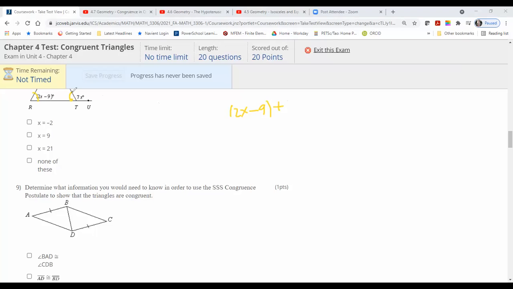So that means if you add this one with this one, you get 180 degrees. So from here you can find what is the x. So what is the answer? This is 40.